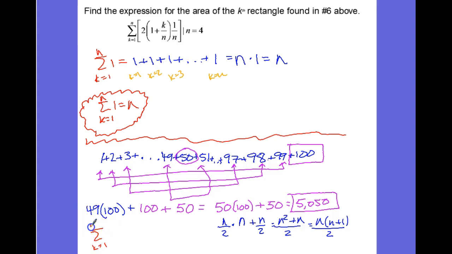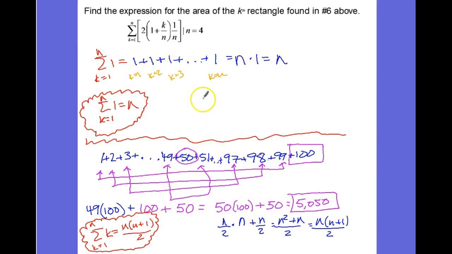The sum from k equals 1 to n of k, our counter, is a very compact way of saying find the sum of the first n integers using sigma notation. So that is equal to n times n plus 1 over 2. And we can put a little cloud around that. And that is a theorem that we can use to simplify our Riemann sums.